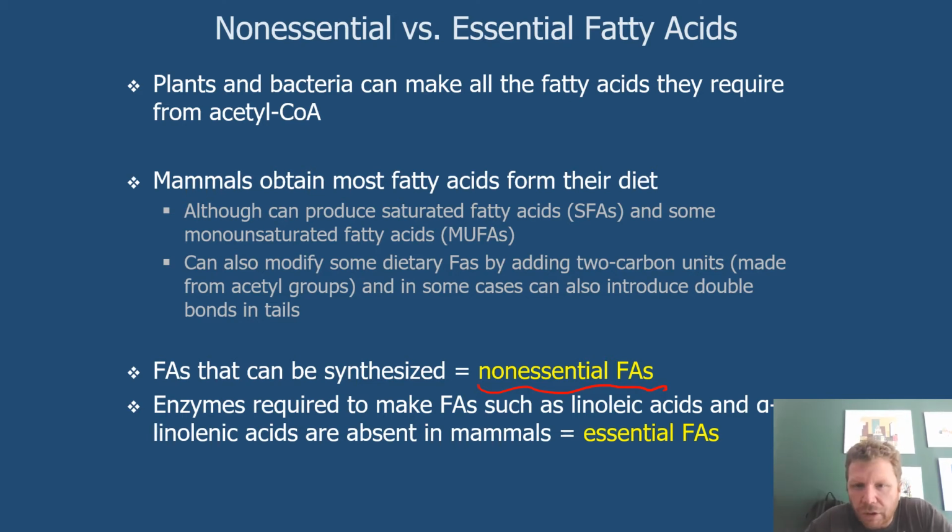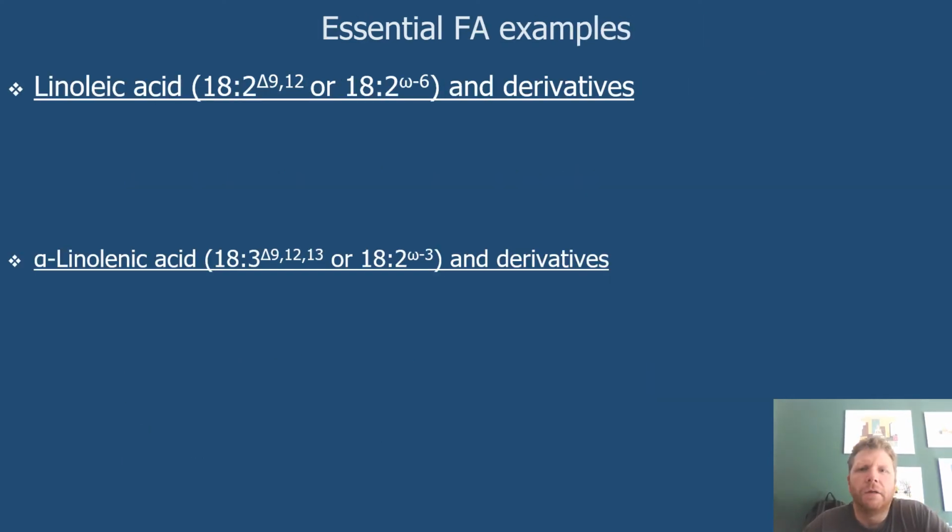And so therefore, these two fatty acids, linoleic acid and alpha-linolenic acid, are essential fatty acids. These two were the ones that we looked at just a little while ago. These are polyunsaturated fatty acids. So essential fatty acid examples are linoleic acid and alpha-linolenic acid. Linoleic acid is polyunsaturated, it's got 2 double bonds. In the delta system, we say delta 9, delta 12, or delta 9, comma 12.